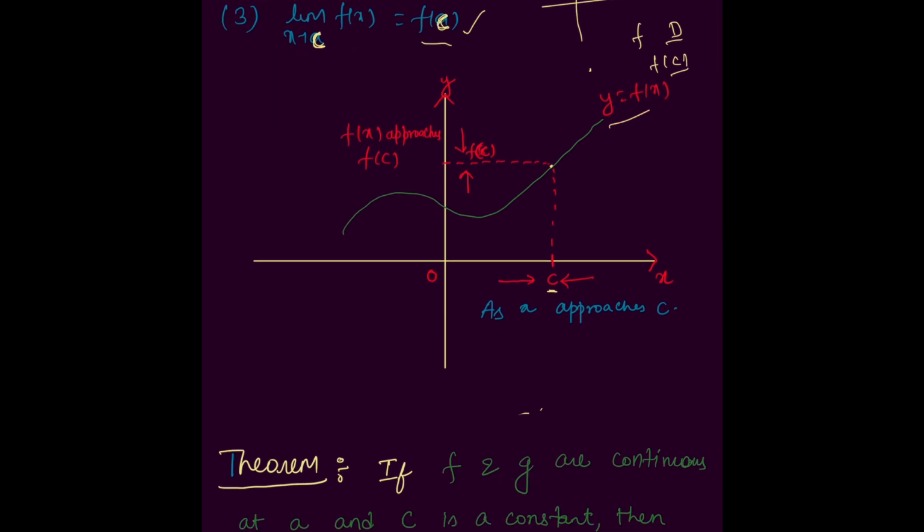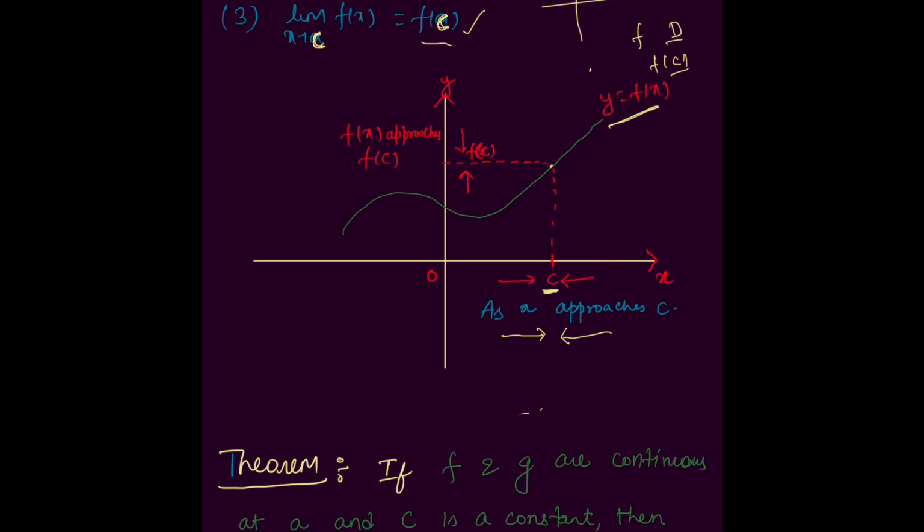This is in our Cartesian system. Here y equal to f of x is any function and we want to check that f of x is continuous at a point x equal to c. When x is approaching c from the left side and the right side, f of x approaches f of c.